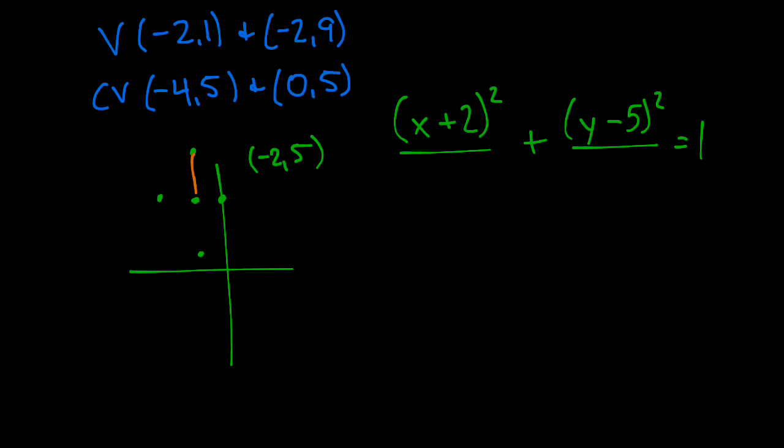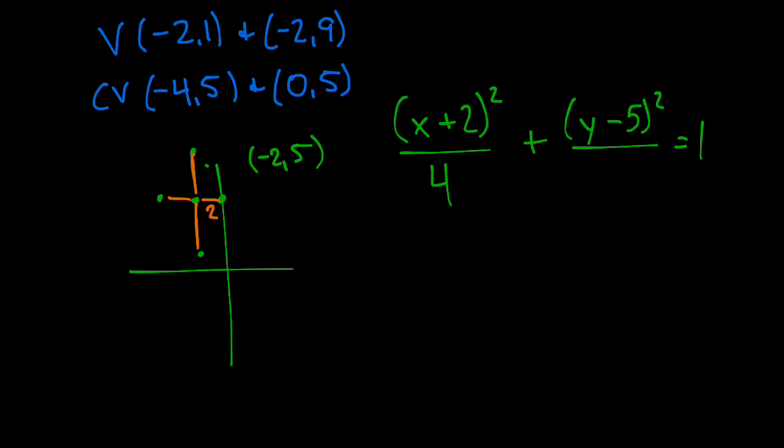Now the only thing we need to determine is our x radius and our y radius. Our x radius is from -2 over to 0, so that's a distance of 2. Underneath in our equation is that radius squared, so we should see a 2 squared, which would be a 4, giving us that x radius of 2.